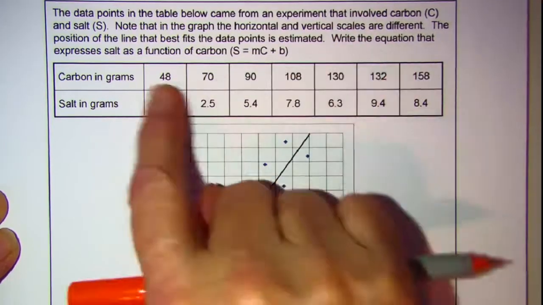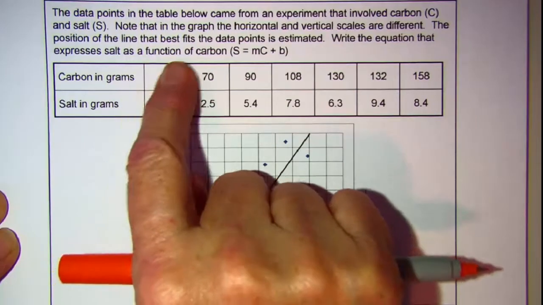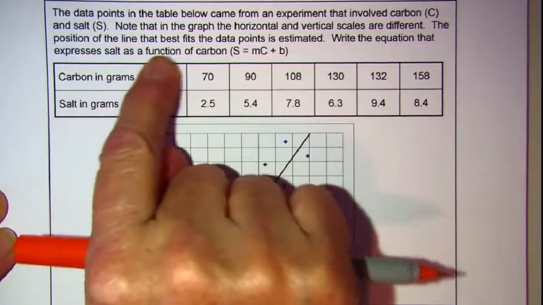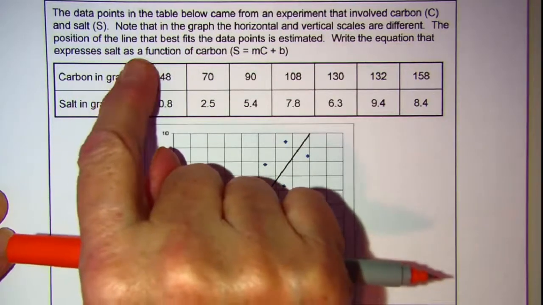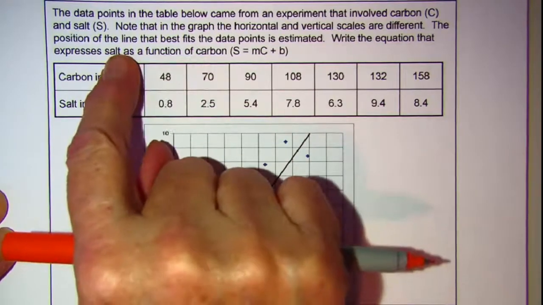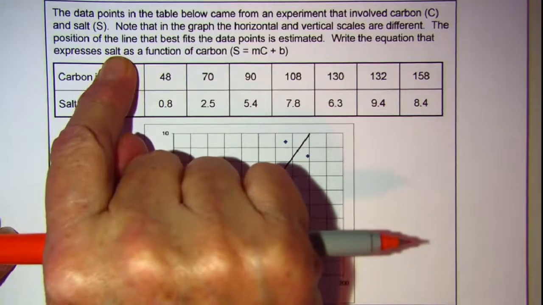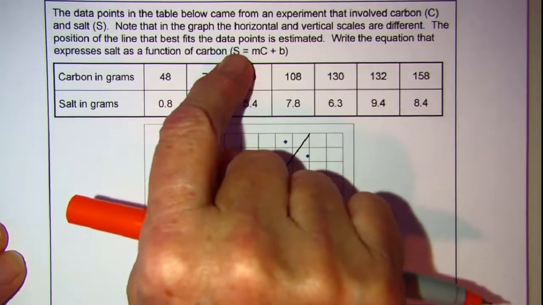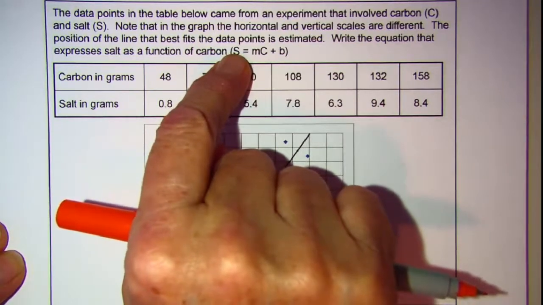Write the equation that expresses salt as a function of carbon. So when we write this sentence, we want salt as a function of carbon. That means salt is our dependent variable, so it is written where we normally would have a y.